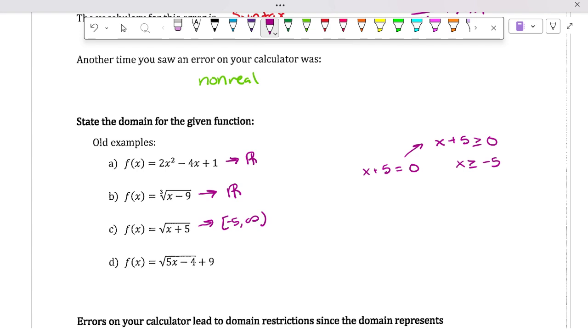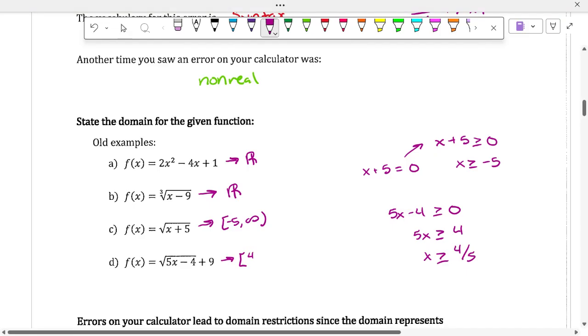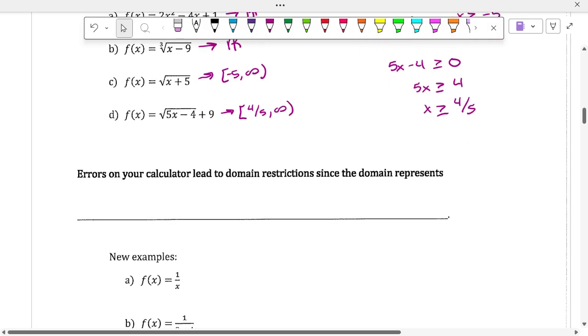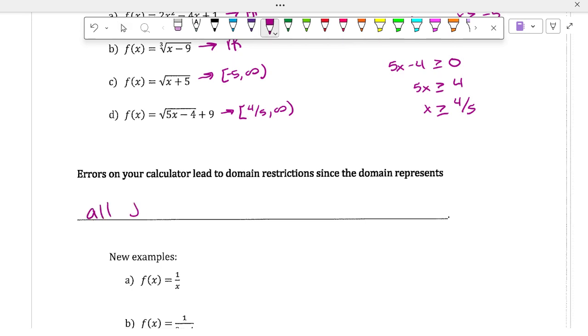What about the last one? You would set 5x minus 4 greater than or equal to 0. This would be 5x greater than or equal to 4. So x has to be greater than or equal to 4 over 5. And again, the errors on your calculator lead to domain restrictions, since the domain represents all defined x values in a function.